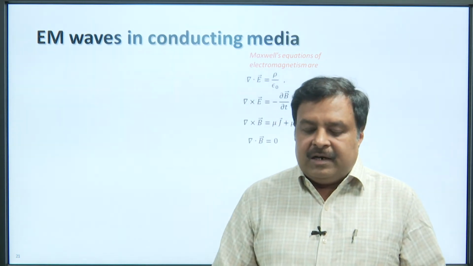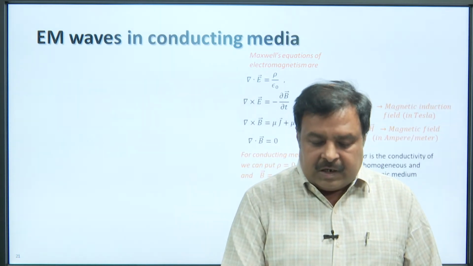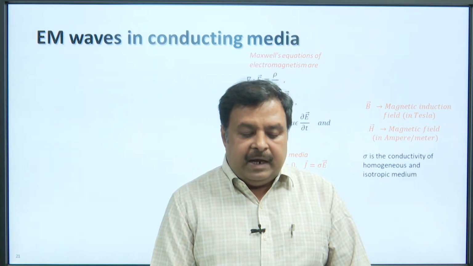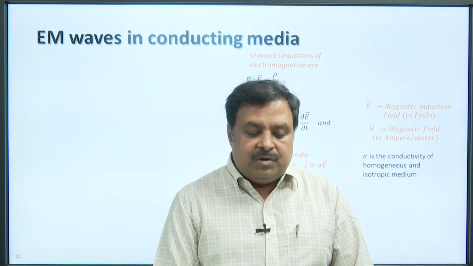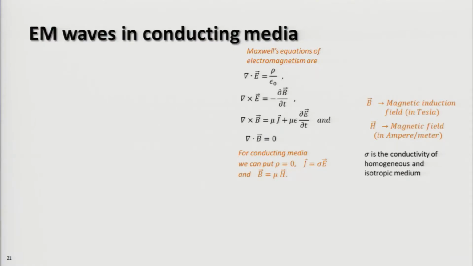So, current density is not 0. So, in case of conducting media, we can put rho equal to 0, current density J equal to sigma E, and B equal to mu H.